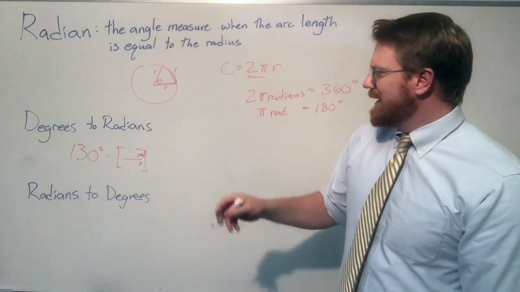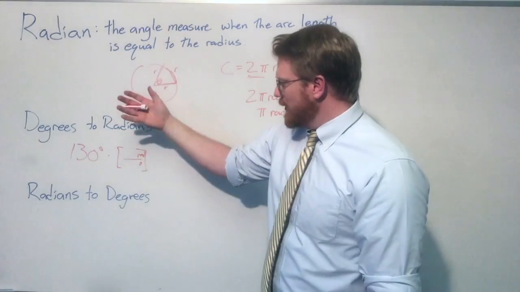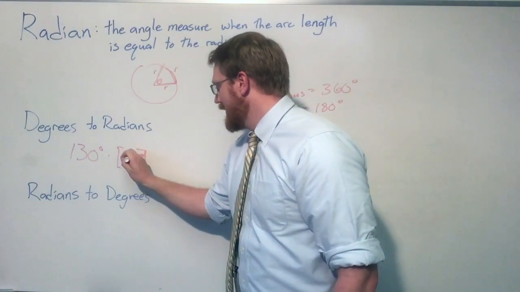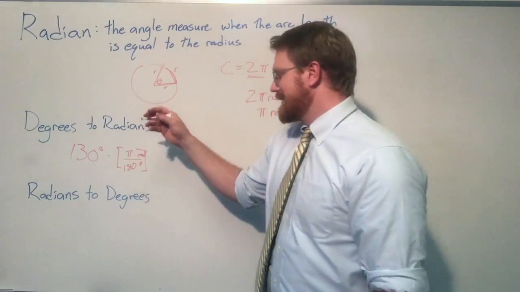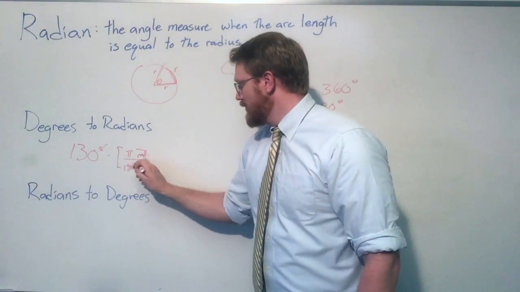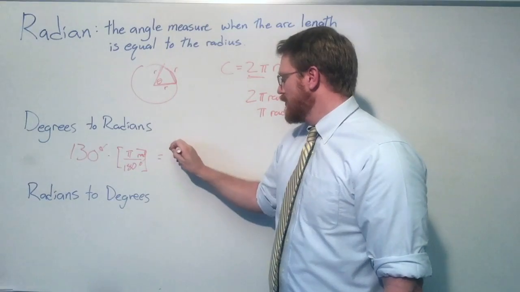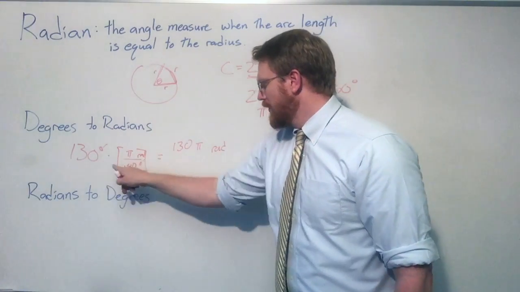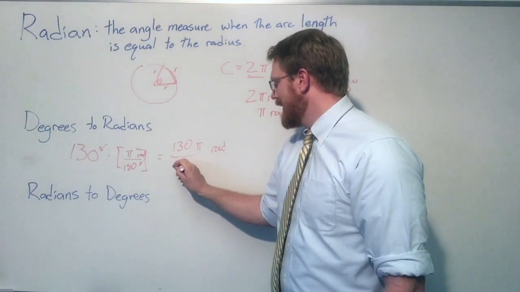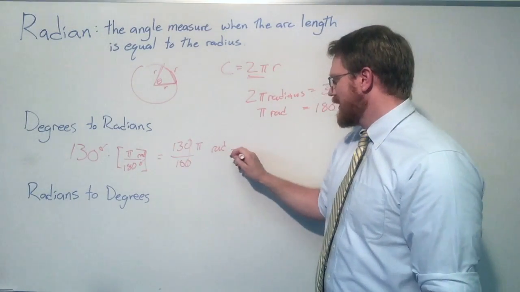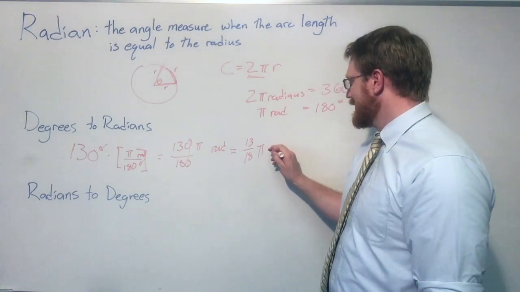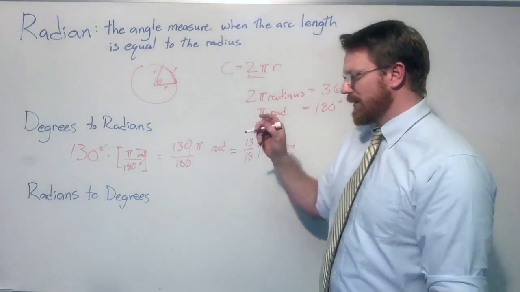So I need some amount that has the same value in the numerator and denominator, and so we reach up here and grab this pi over 180. 180's got to be in the bottom, so it cancels units. I get in the numerator 130 pi radians, and the only thing in the denominator right at this point is 180. And so we cut that on down, 13/18 pi, that's exactly how many radians 130 degrees were.